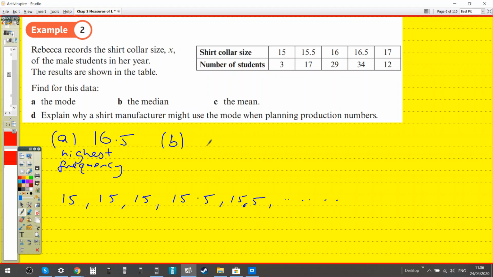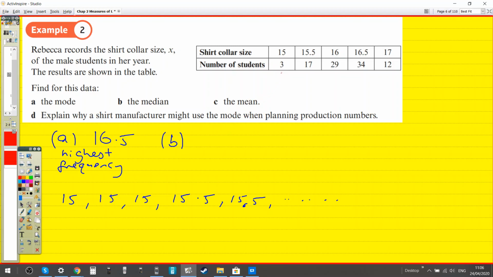And so any idea how you find median from a table? We'll have to do something like 15 plus 17 divided by 2. The way I would do it is cumulative frequency.